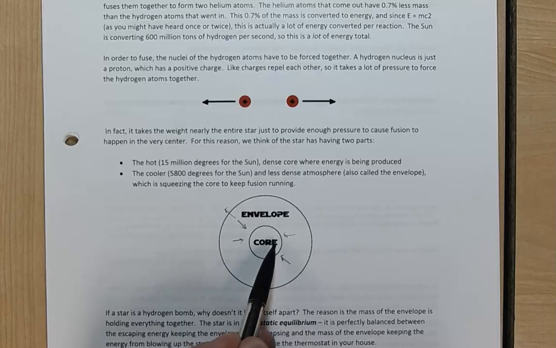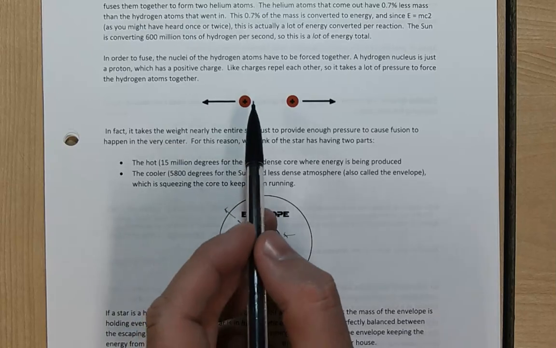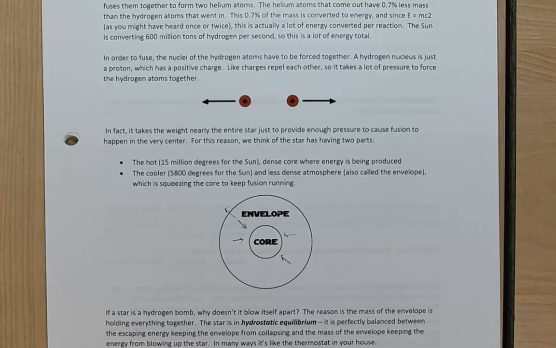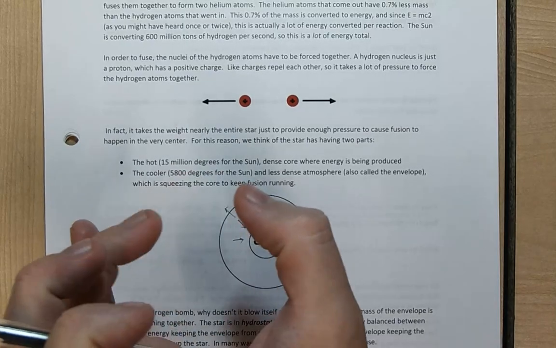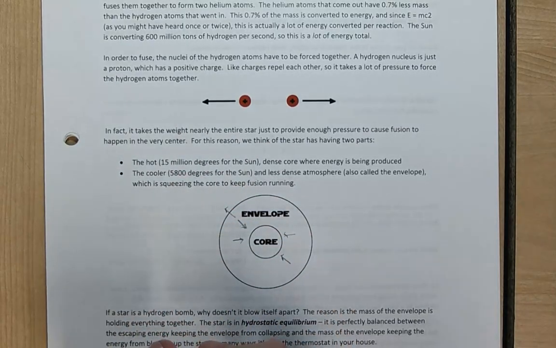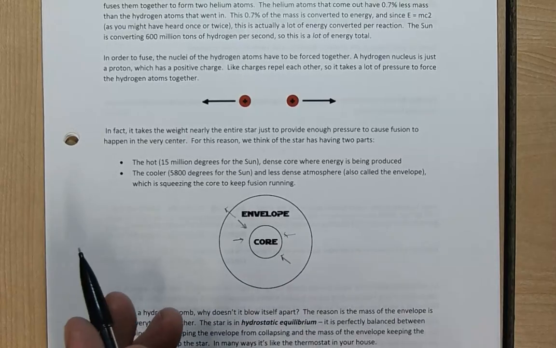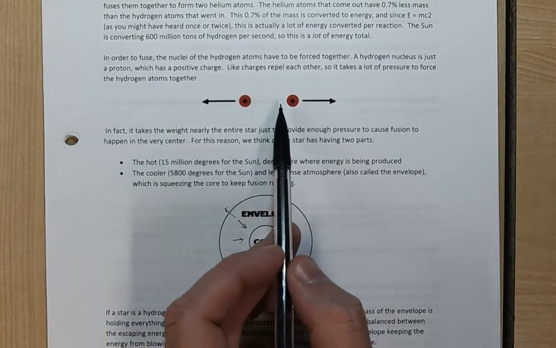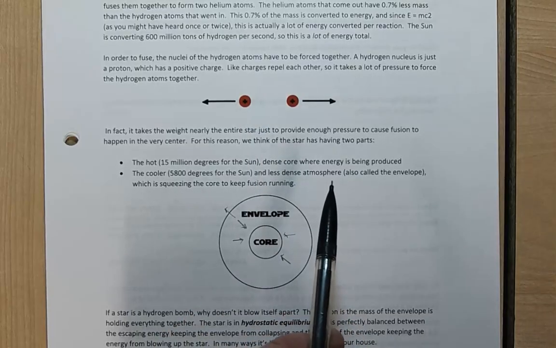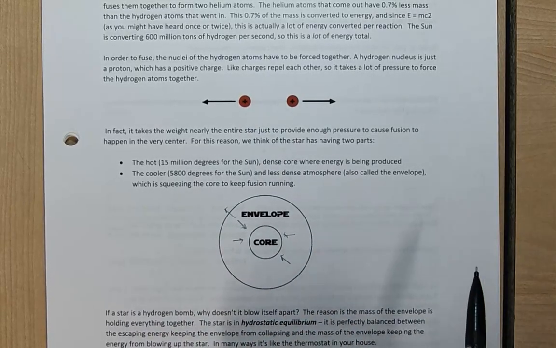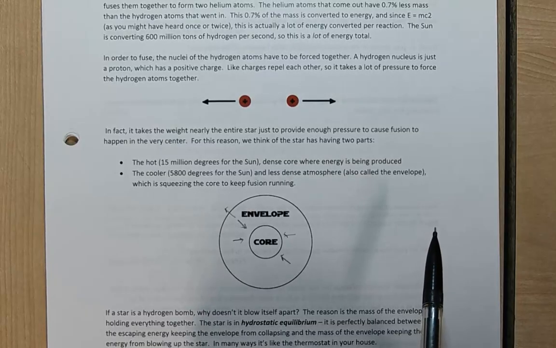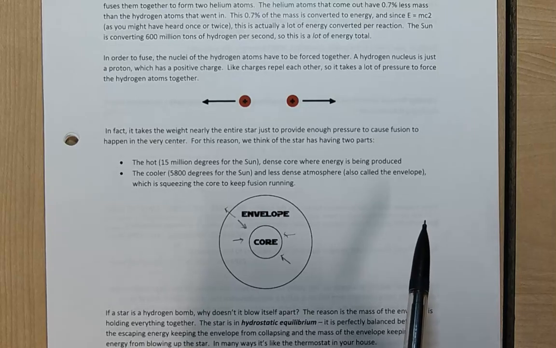Once you've compressed this hydrogen to high densities and temperatures over 15 million Kelvin, then the two hydrogen atoms won't just collide and ricochet off each other, but they will actually stick together and fuse into helium. And that releases energy, right? So in the core, the hydrogens are fusing, doing the three-step reactions in the proton-proton chain series to produce helium and photons and neutrinos.